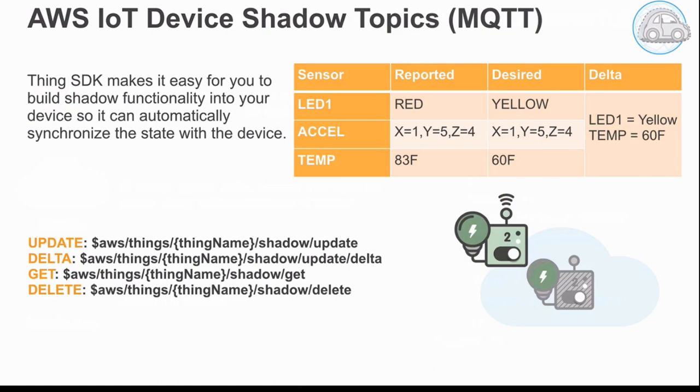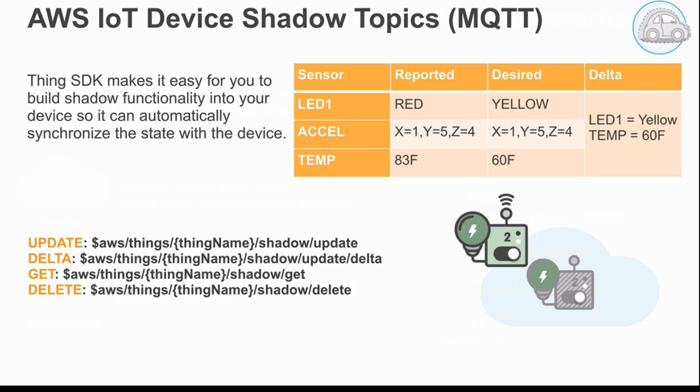Now, our SDK means that you can build shadow functionality into your devices very simply. We support the shadow in all of the different SDKs that we provide. Under the hood, there are actually 4 MQTT topics that are in play here. And it is MQTT that is used to publish the shadow state, but the device SDK abstracts that away, so you don't have to deal with these topics.